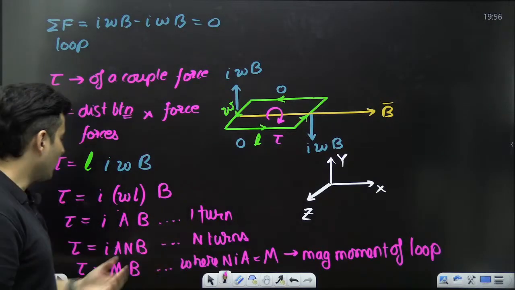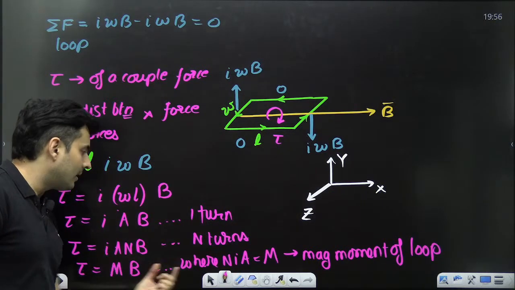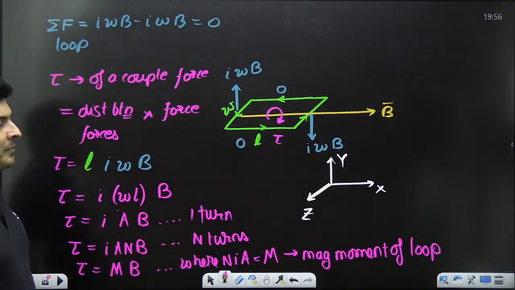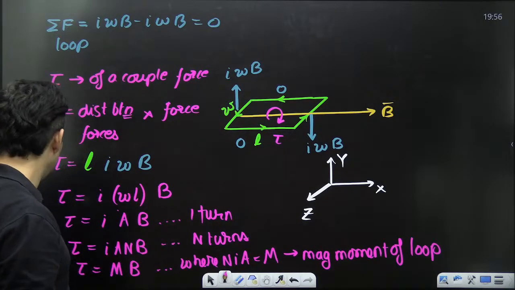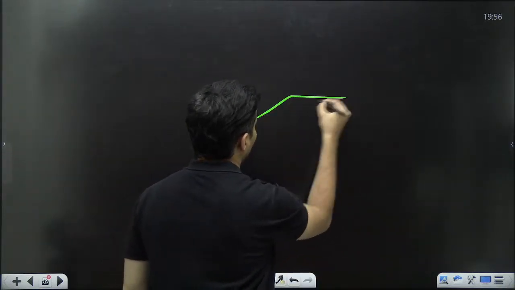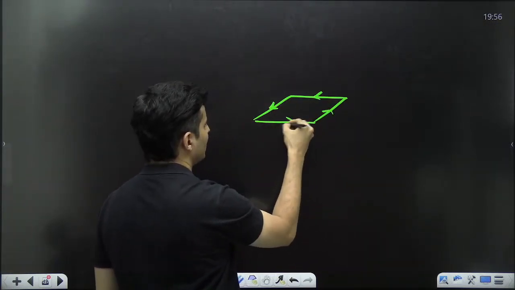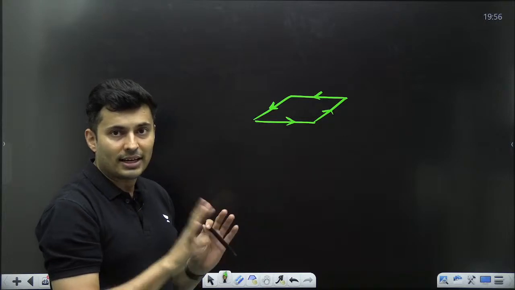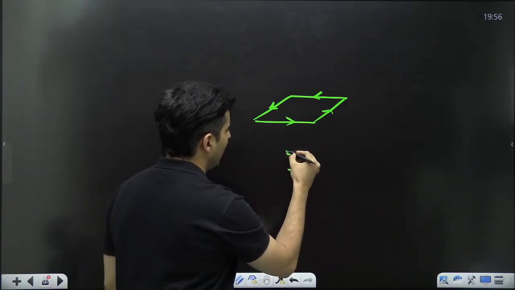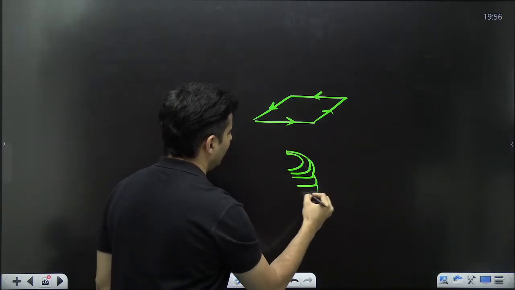All right, let's talk. So torque is MB. I have replaced these 3 terms IAN or NIA with a new term called magnetic moment. Now what is this magnetic moment? Magnetic moment of any coil is a vector quantity, meaning if I have a coil like this where the current is going in this particular fashion, take the fingers of your right hand and curl them in the same direction in which the current is flowing.